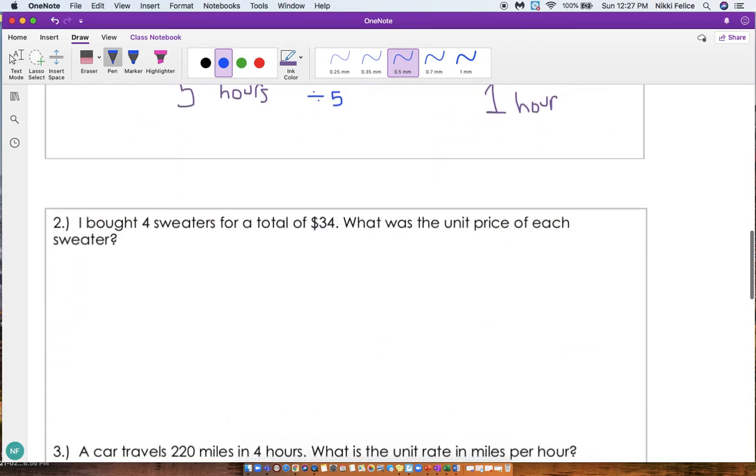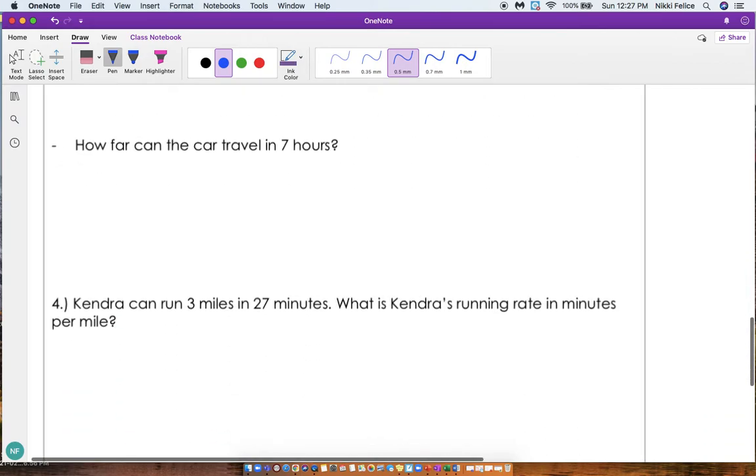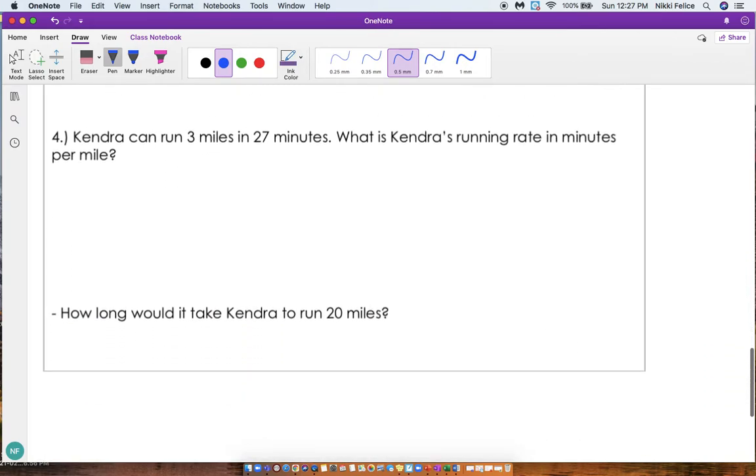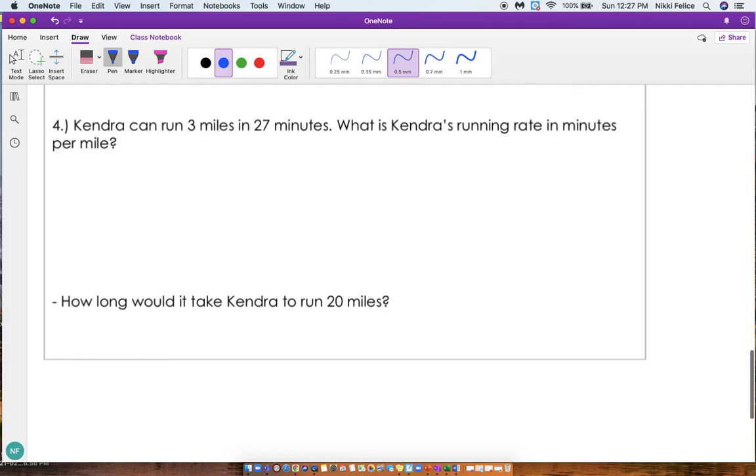Let's try one more example. I'm going to skip down to a problem down here. Kendra can run 3 miles in 27 minutes. What is Kendra's running rate in minutes per mile? Minutes per mile means that when we set up our rate, we need to have minutes per mile.